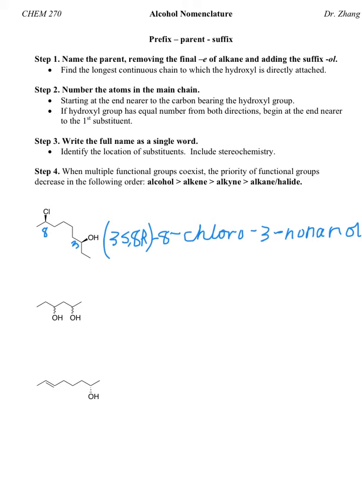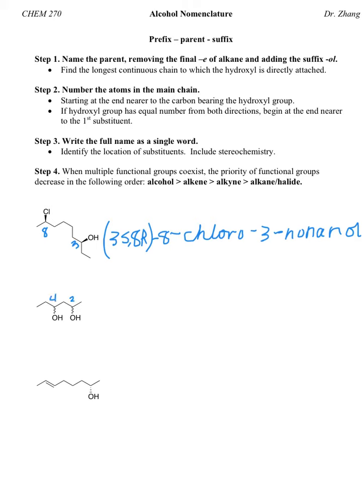Example number 2: in this molecule there are two OHs, so this is a diol. The two OHs are on carbon number 2 and carbon number 4.